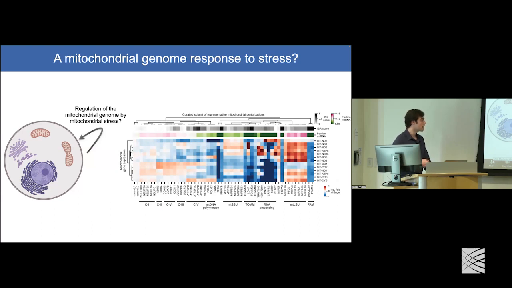For example, we could easily see that the disruption of mitochondrial DNA polymerase has a different response from the disruption of the large subunit mitochondrial ribosome versus complex 1 or 2 or 3 or 4. This is just a set of representative mitochondrial perturbations that are then clustered in a data-driven way. And there's essentially no literature precedent for these kinds of mitochondrial gene changes in response to mitochondrial perturbations.